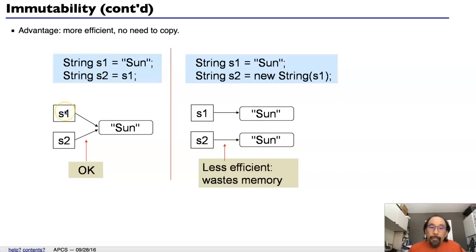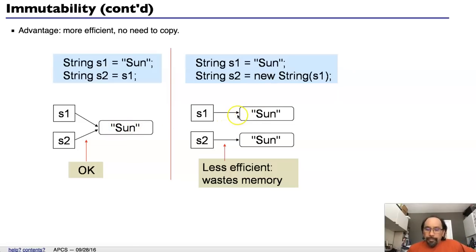So here's a diagram of that, where I have two different variables referencing that same exact object. And because this object cannot ever change, I don't have to worry about it. S1, I always know, will always have this value, capital S-U-N.